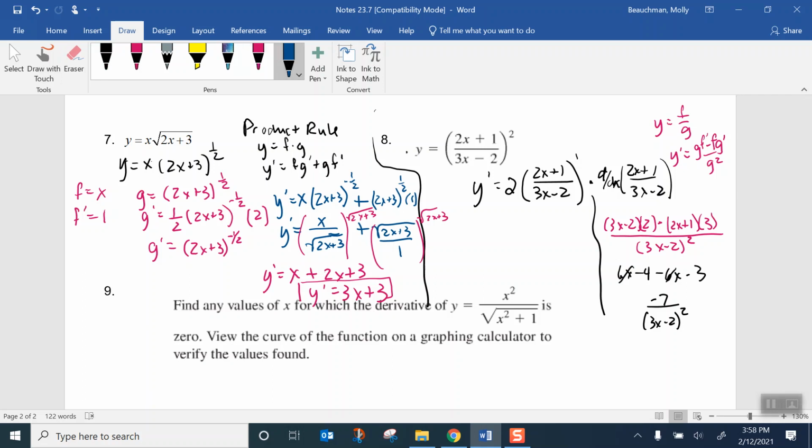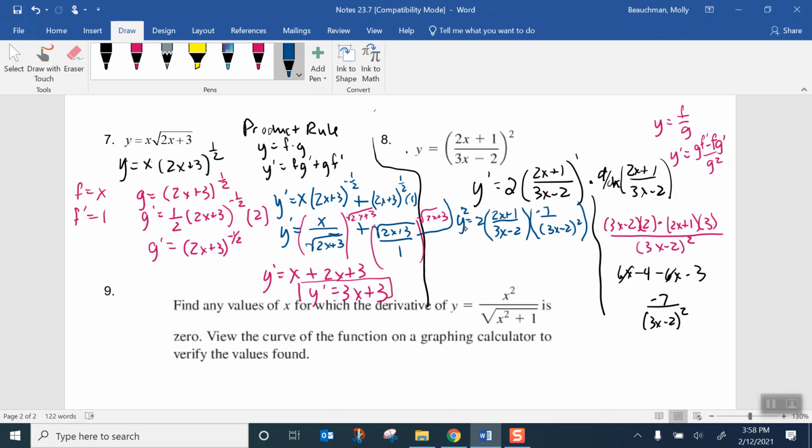and substitute that in. So now I have that y prime equals 2 times parentheses 2x plus 1 over 3x minus 2, times the derivative I just found, negative 7 over parentheses 3x minus 2 squared.